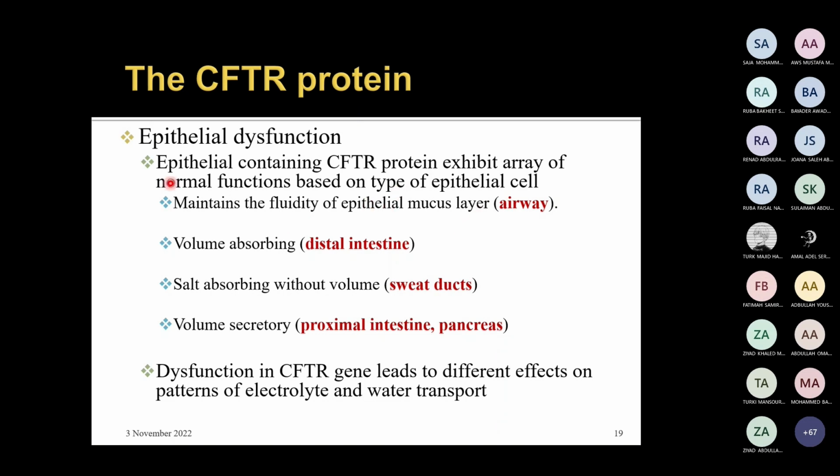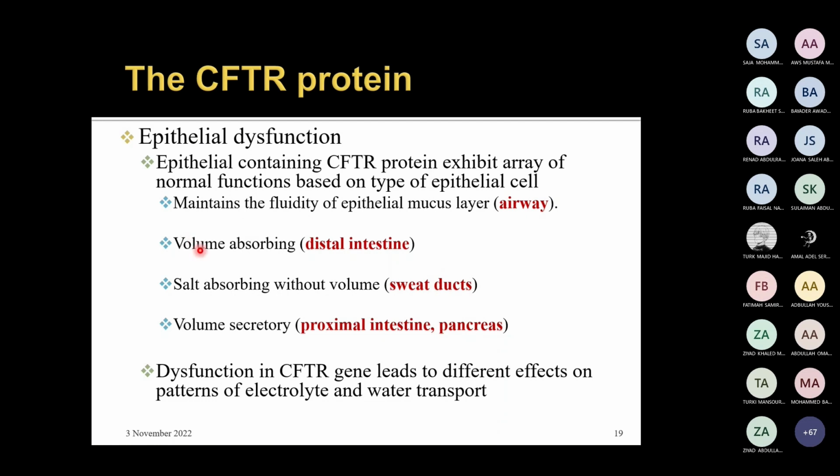For example, in the mucus layer in the airway, its main function is to maintain fluidity, to secrete enough water to the surface of the airway, so it decreases the viscosity of the mucus.